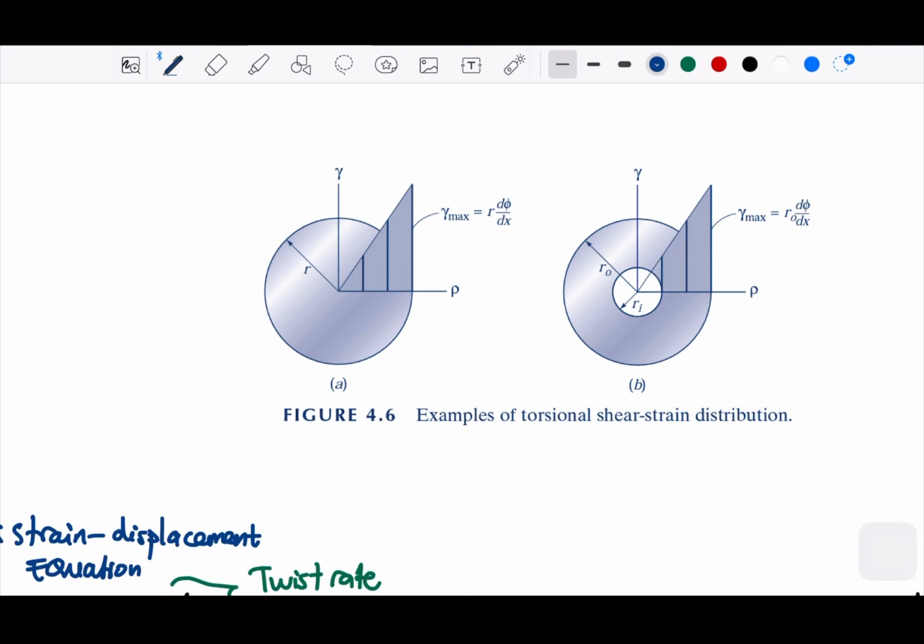We are going to observe this figure more clearly, with another assumption that we have linear elastic circular bars. So we see the deformation, and after this section, we are going to see the shear stress.